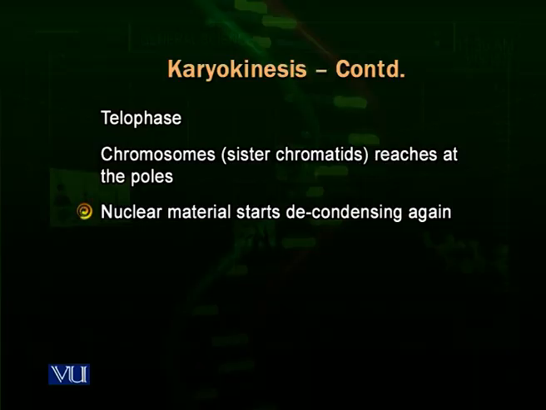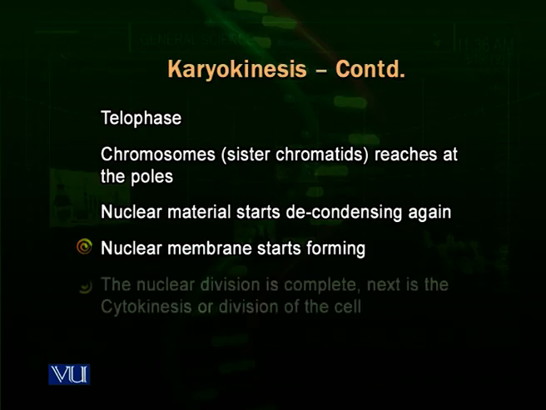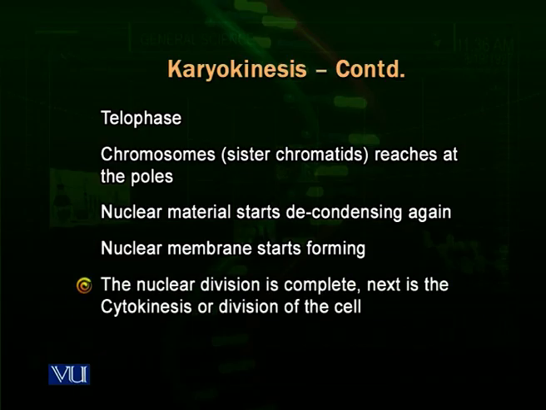The nuclear material, the chromatin material, the chromosomes start decondensing. Also, at the end of this stage, the nuclear membrane starts reforming. When this stage is reached, mitosis, or the nuclear division, the karyokinesis, is complete, and then the cell enters into the next phase called cytokinesis, that is division of the whole cell.